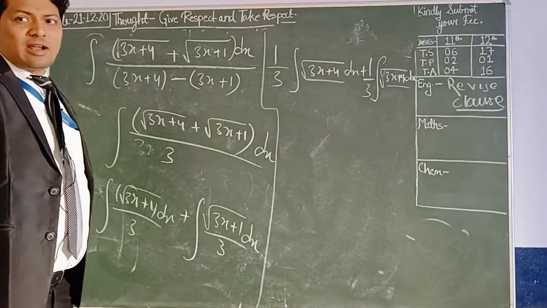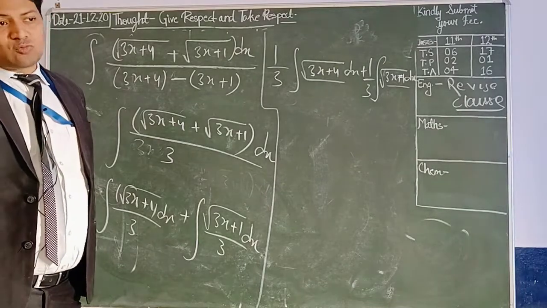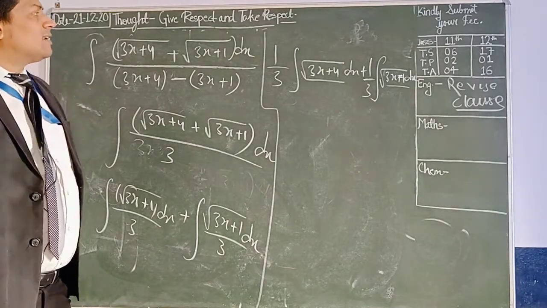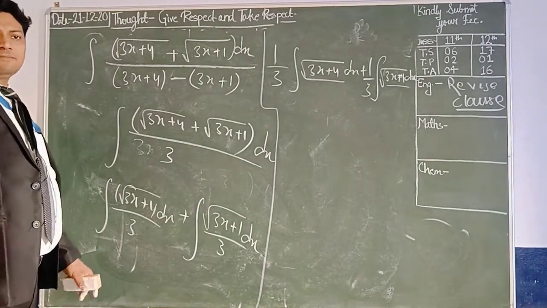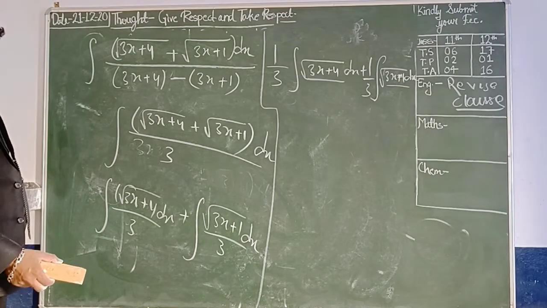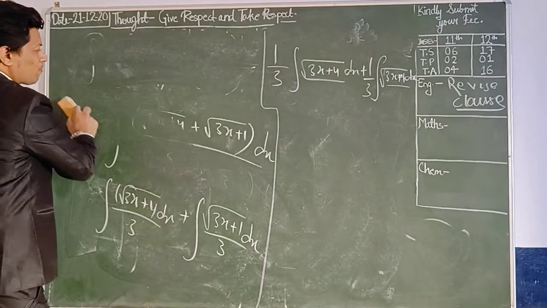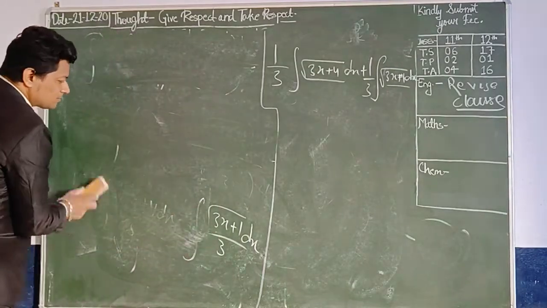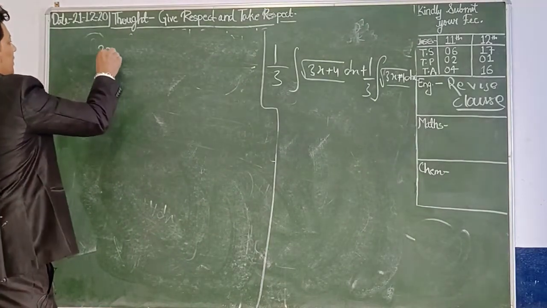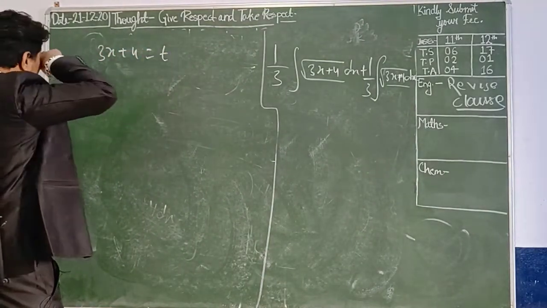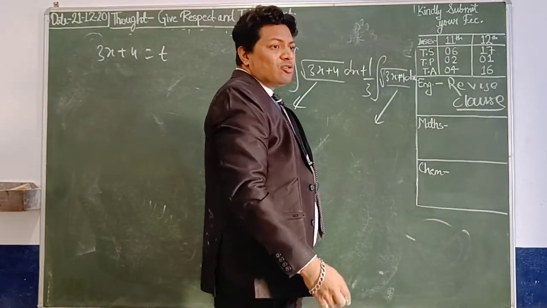For root 3x plus 4, right now I told you in my last topic how you can integrate: you will take 3x plus 4 equal to t. Is it clear? May I rub this side? For this integration 3x plus 4 is equal to t, and for the other integration 3x plus 1 equal to t.